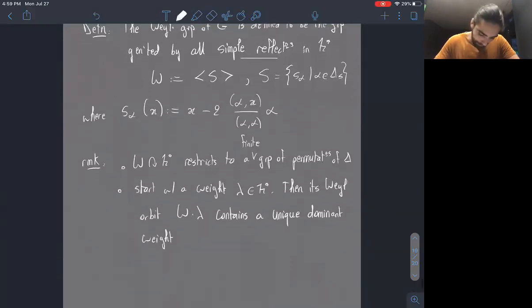That one can find given as the maximal element with respect to the weight ordering defined above.